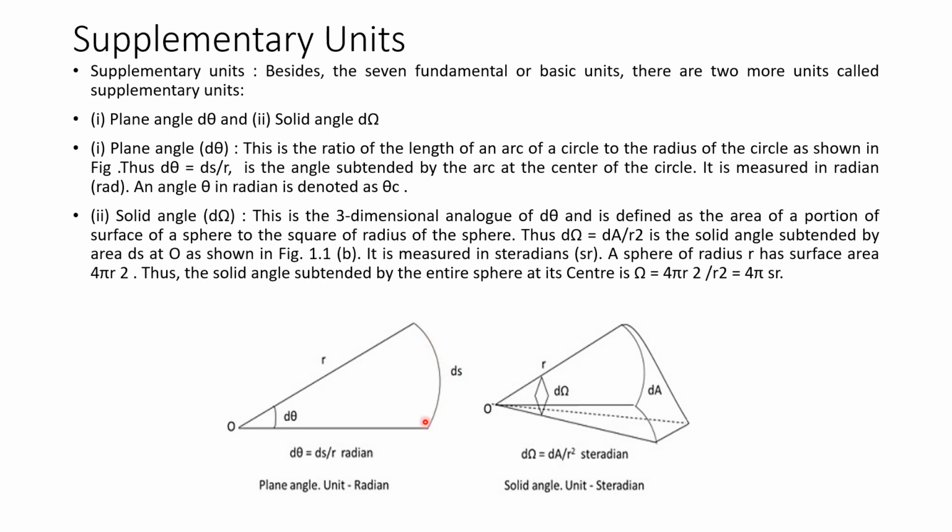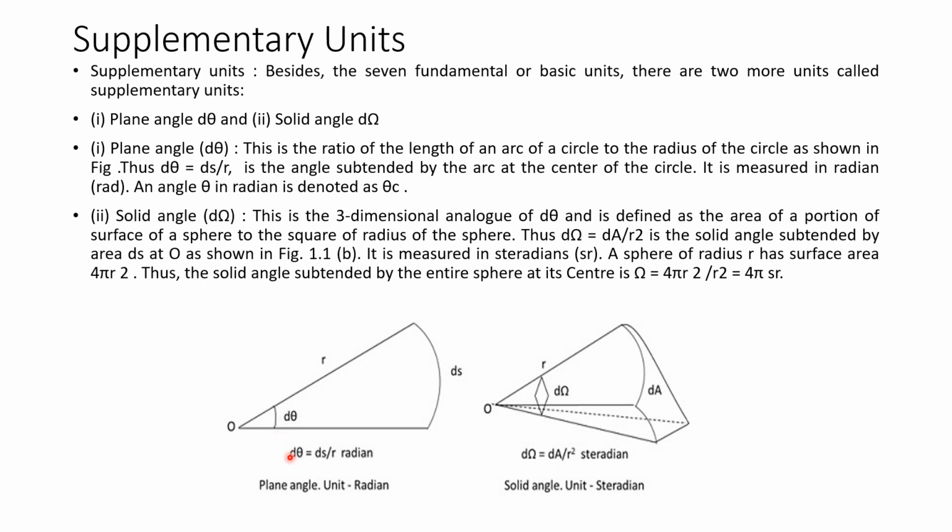This ds is the arc of a circle. The angle subtended by this arc of a circle at the center O of the circle. So what is that angle? Arc ds subtends an angle d theta at the center. This is plane angle. Plane angle is measured in radians.